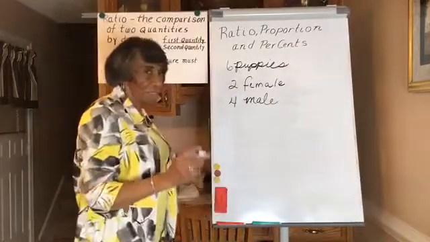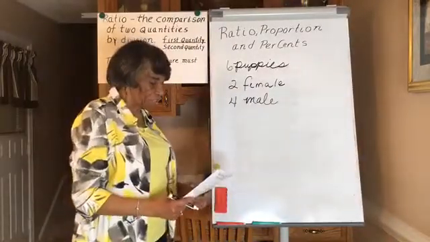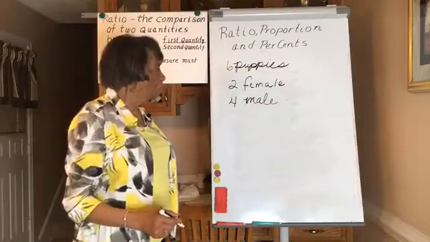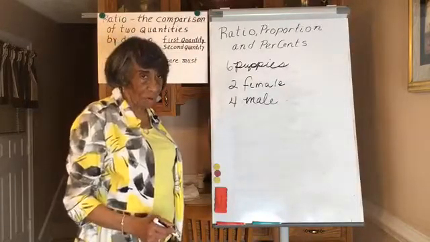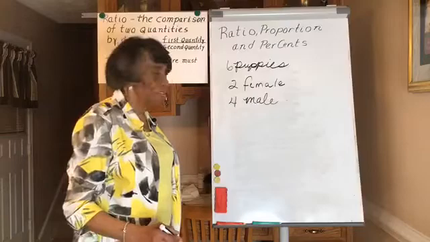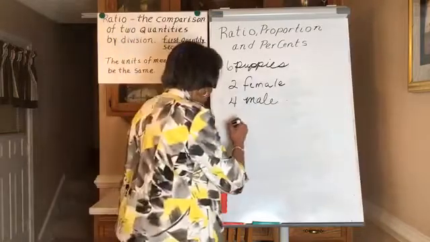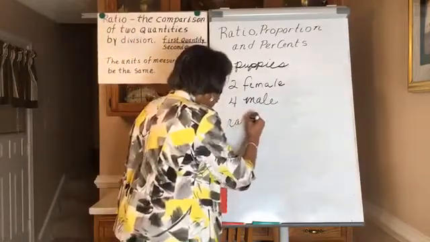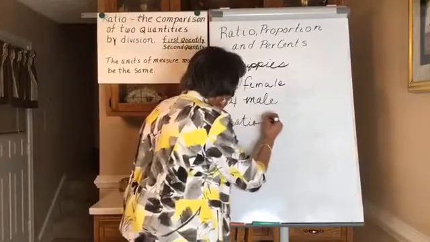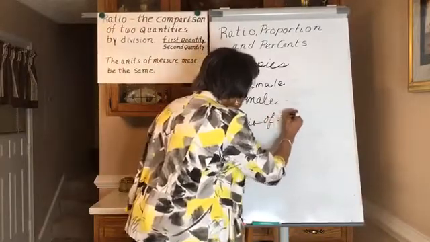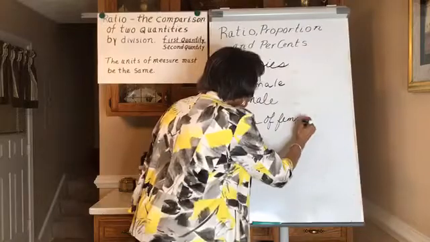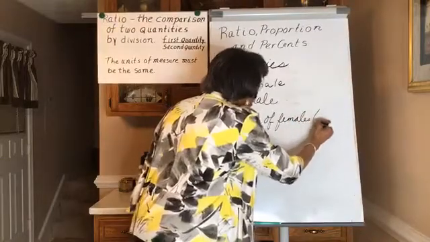Okay, so this is a problem. We're going to work with a ratio. I want to know what is the ratio of female puppies to male puppies. So you have to be sure you know which way I'm saying it. Ratio of females to males.